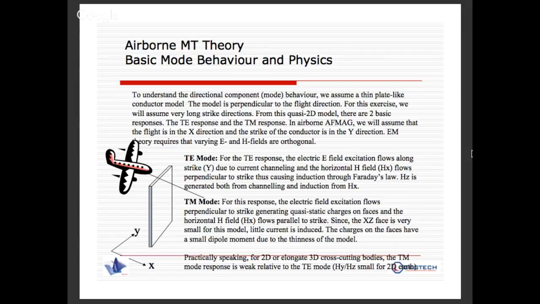There are two basic responses: the electric and the magnetic response. We are assuming that we are flying in the x direction, as always, and the conductor is in the y direction. So we're flying over x, and the thin layer is along y.